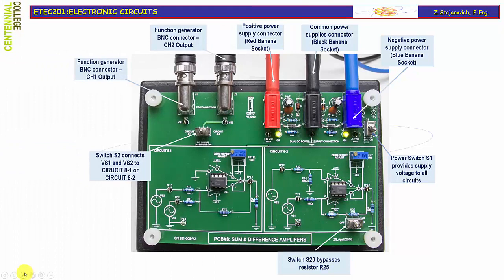Here is the overall look of that board, and you will be able to identify once again power switch S1 and 3 banana connectors for power supply connection. There are two channels of the function generator here. Switch S2 defines which way those two channels will go, either towards circuit 1 or towards circuit 2.